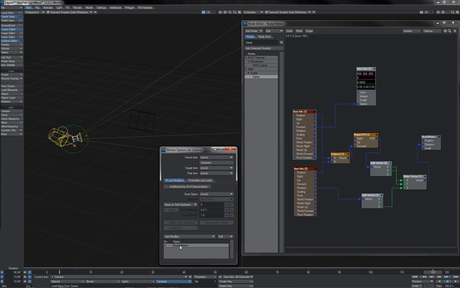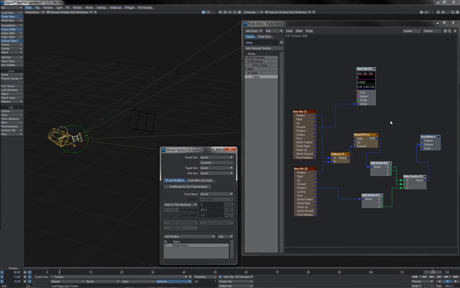Remember, however, that nodal motion is a motion modifier, and so has a different place in the evaluation order. As was pointed out, if you double-click the nodal motion node, it has an after IK switch. So here is a target item setup that you can have occur explicitly either before IK evaluations or after IK evaluations, which is a distinction you cannot make with the built-in target and pole item controls.